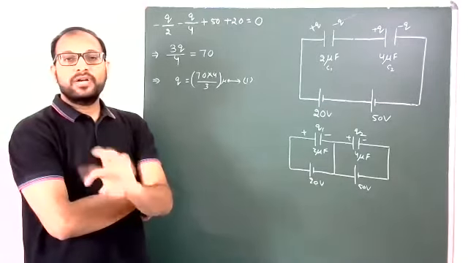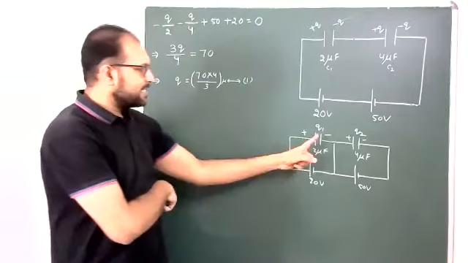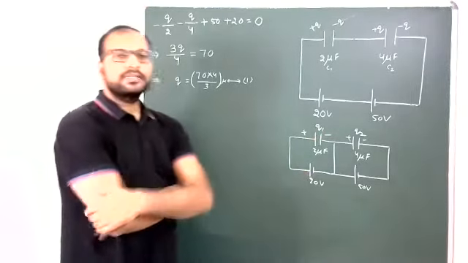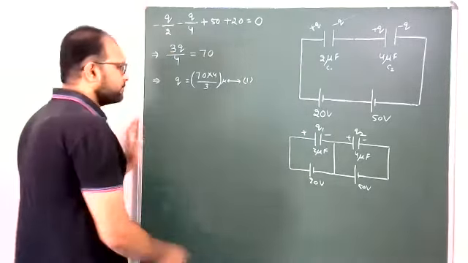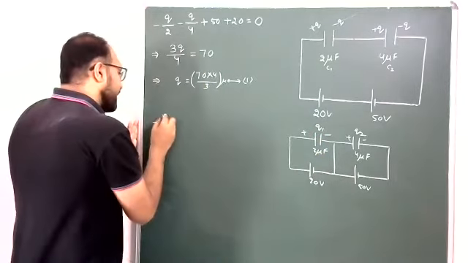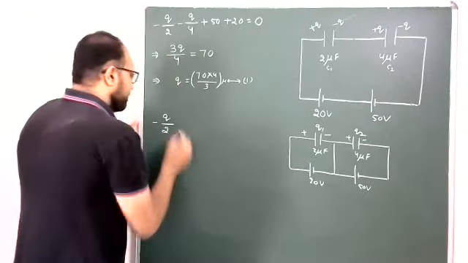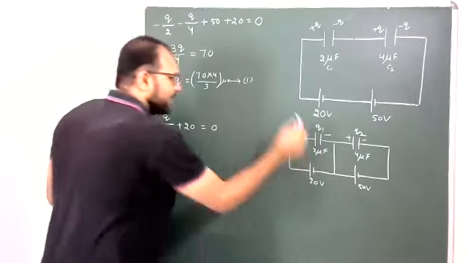Then the charges are also automatically redistributed. After redistribution, these are the charges, Q1 and Q2. Now these two charges are not the same. Again, plus 2 minus Q1 by 2 plus 20 equals 0, because it is one circuit.